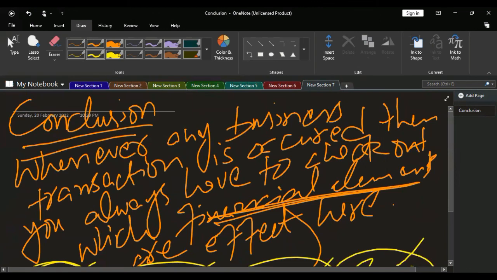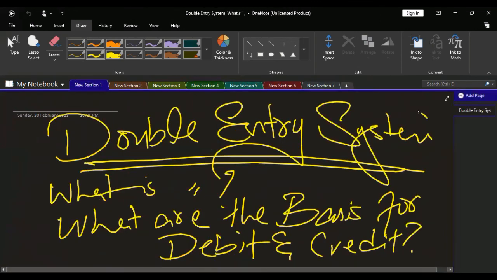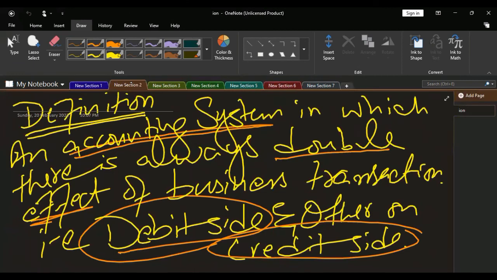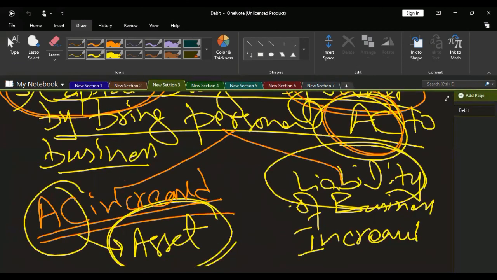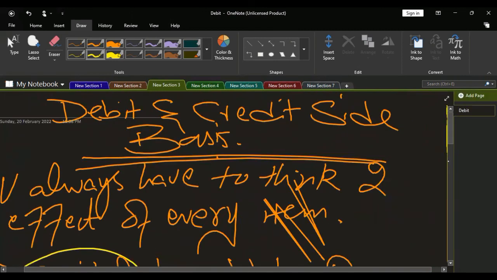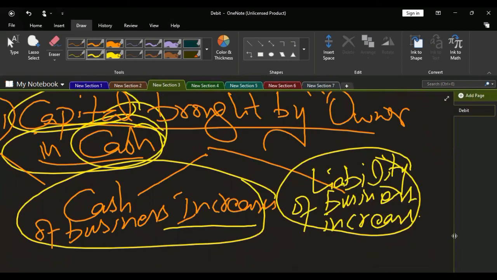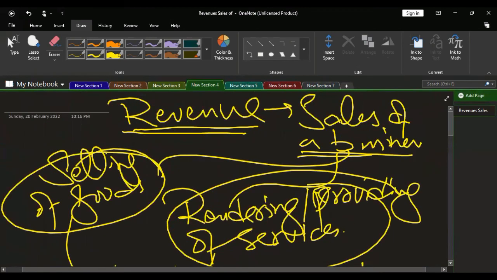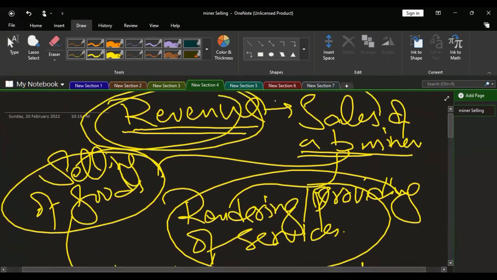So in this video, we have studied the double entry system. What is it? Firstly, we have studied its definition. Then we have studied different categories of transactions, in which the first one was the capital transactions, in which the owner brought something to the business. The second category we have studied is the revenue side, that is the sales of a business.